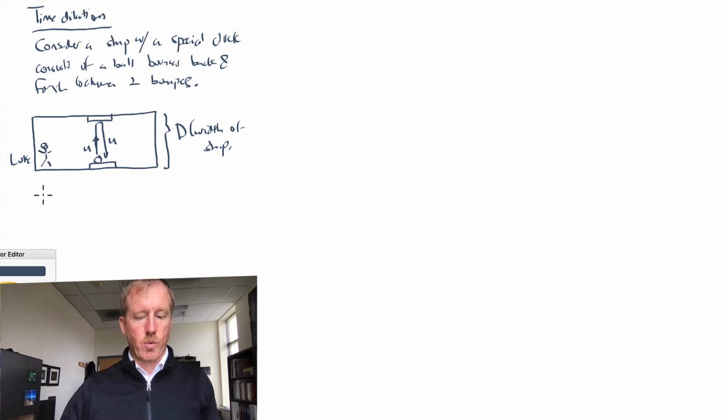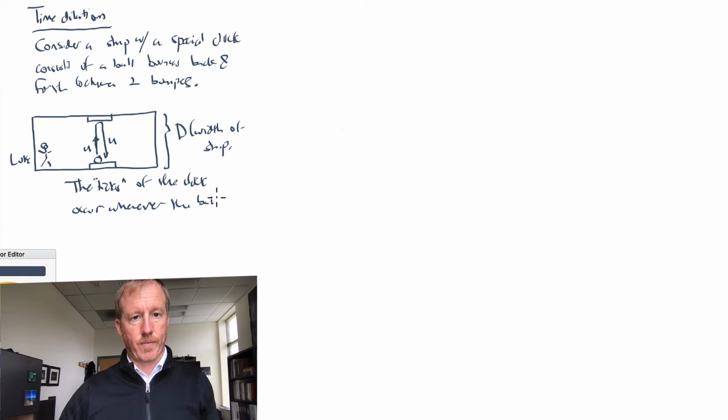So what happens is the ticks of this clock are associated with whenever the ball makes contact with the bottom plate. So they occur whenever the ball strikes against the bottom plate.